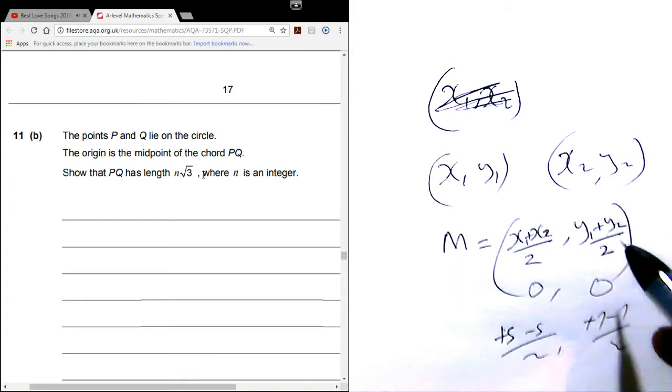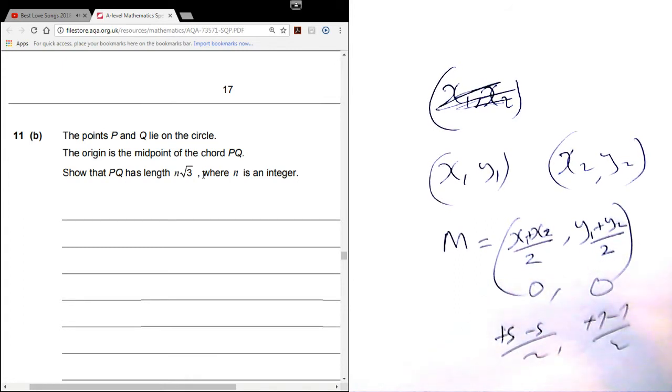So that's to tell you that P and Q have similar coordinates, but one is the negative of the other. That's an idea we can get from it. If we have that idea, can we go ahead to guess what the solution would be?